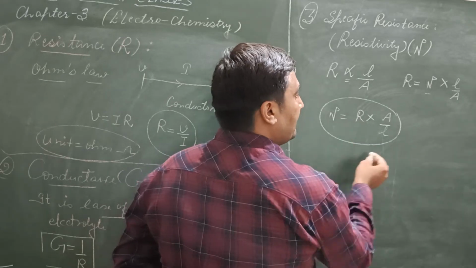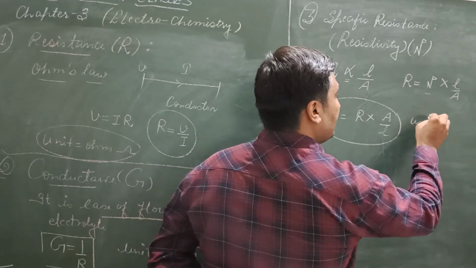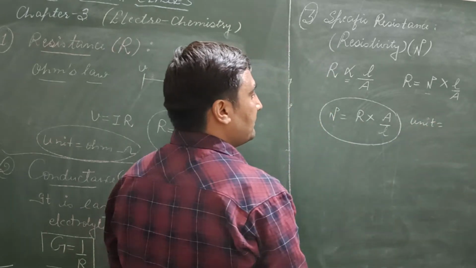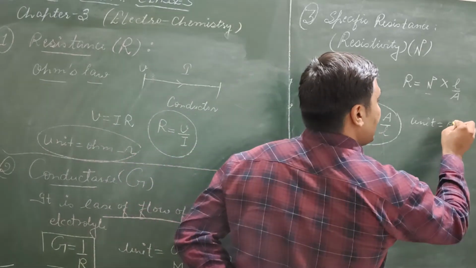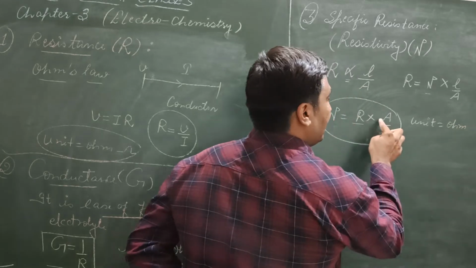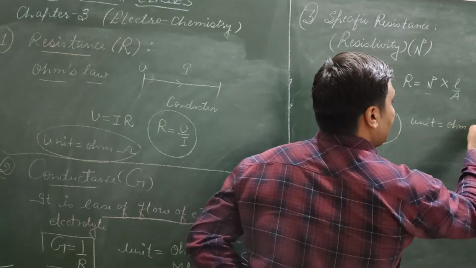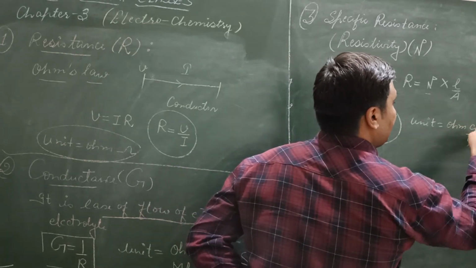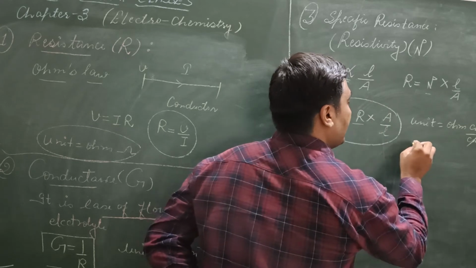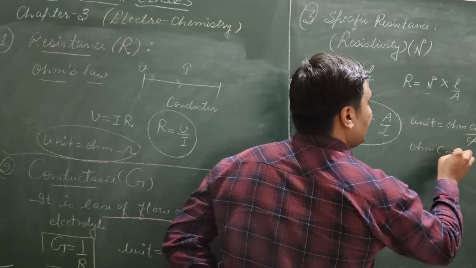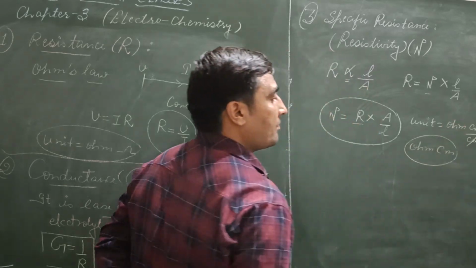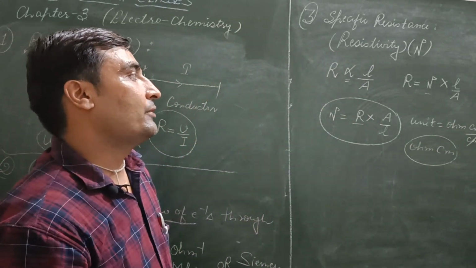The unit of rho, if we find it from this aspect: R has unit ohm, area is centimeter square, divided by centimeter. The unit will be ohm meter or ohm centimeter. So this will be the unit of resistivity.